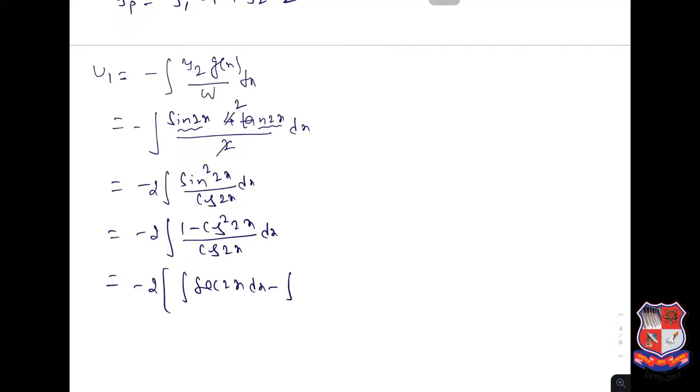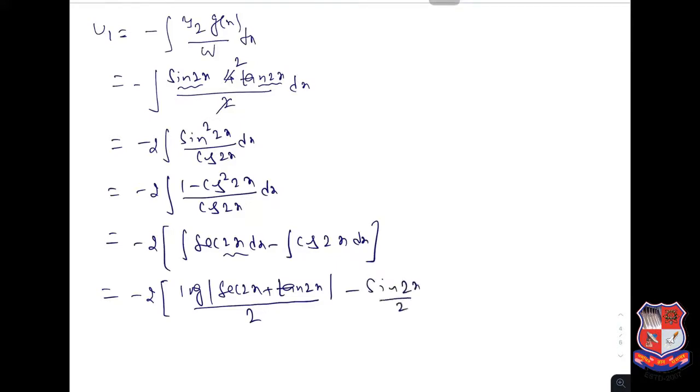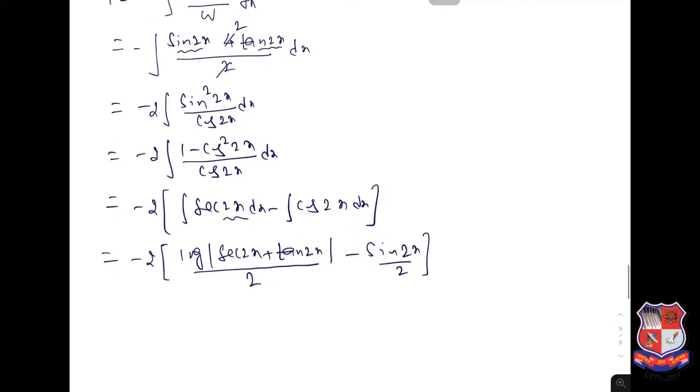minus integration of, so we separate it out, cosine 2x. Take care about the brackets and everything. Minus 2. Now integration of sec. So integration of sec 2x is log of sec x plus tan x. So sec 2x plus tan 2x, but then we need to divide by the derivative of this 2x, and that is 2, minus integration of cos 2x, so that is sine 2x by 2.